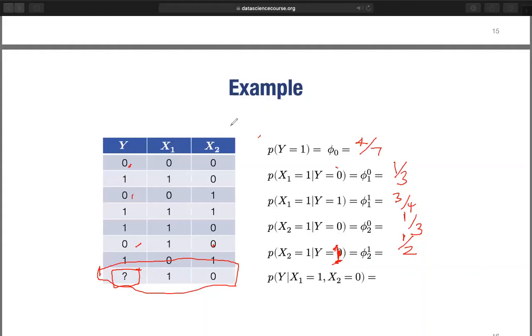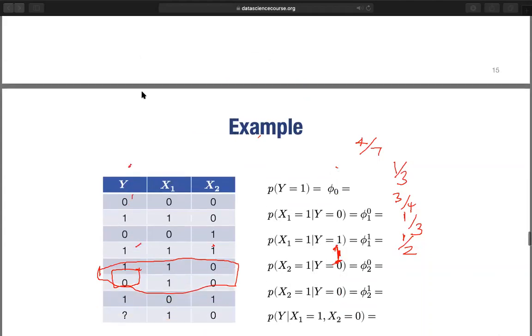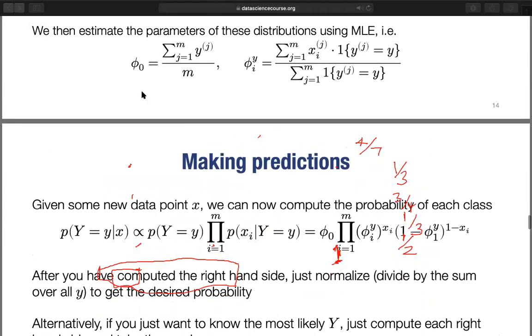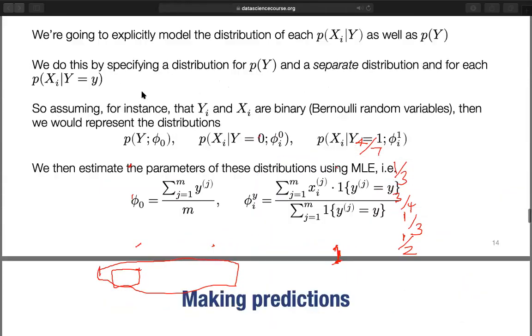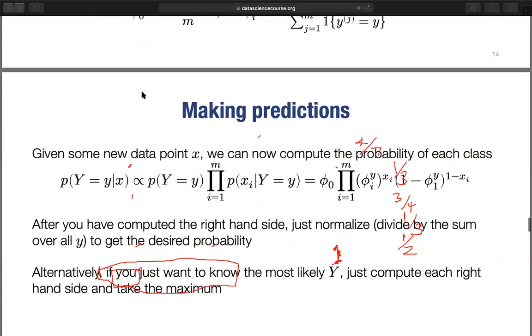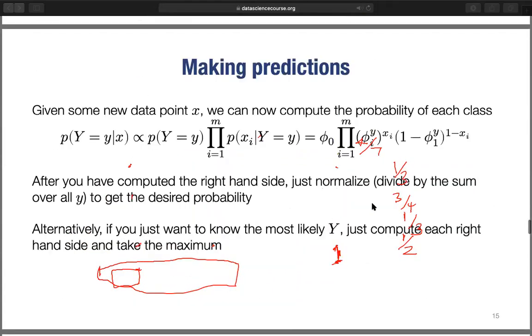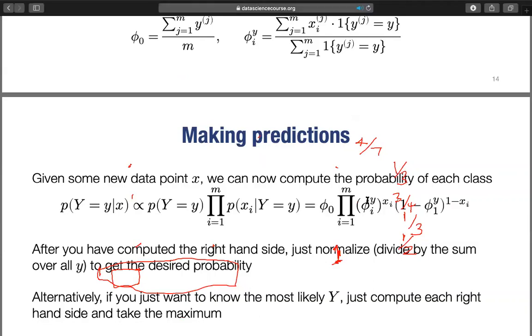This takes us back to what we did in Naive Bayes. Remember that we had stated the solution to whatever we did is what we have here.